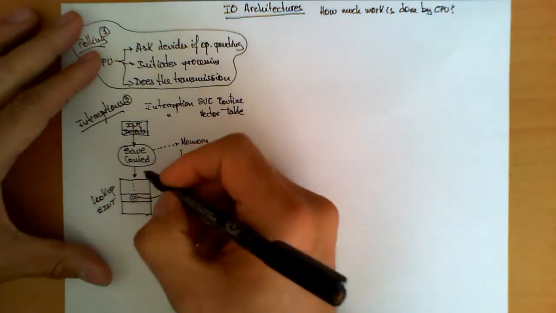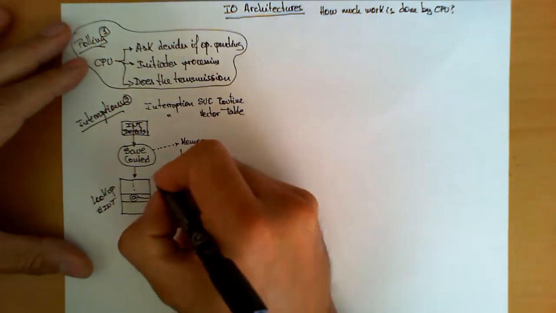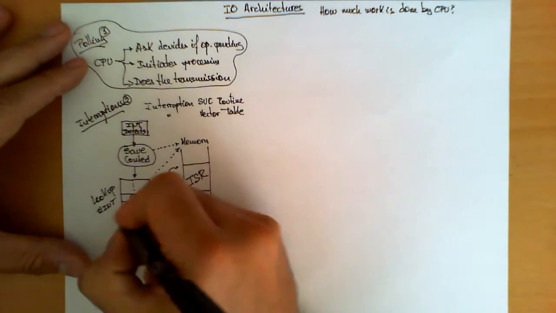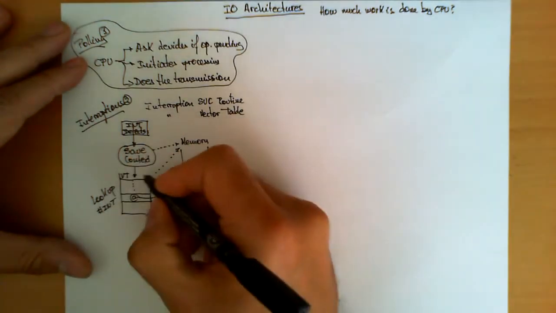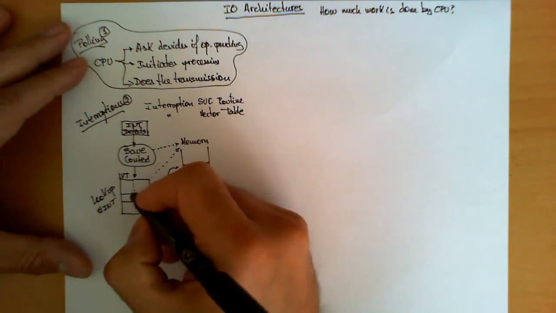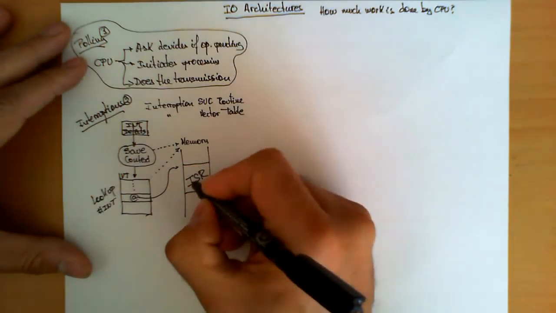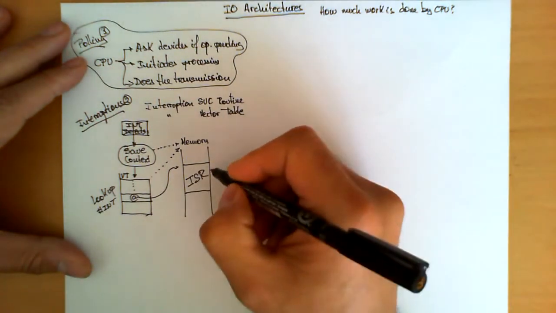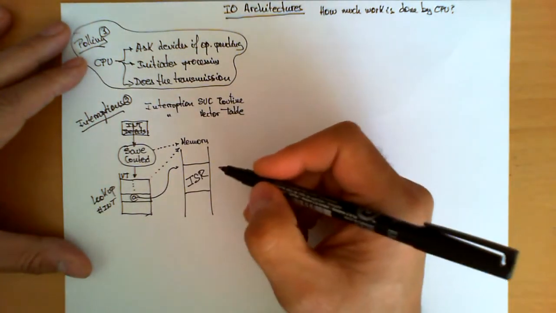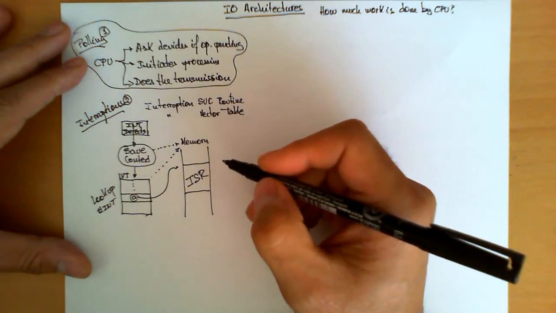So the idea is that there is a location, which is also in memory by the way, of this interruption vector table, IVT, and this table has in each one of its slots the address of the ISR, or interruption service routine, that will take care of the operations required by every input-output device hooked to the system.